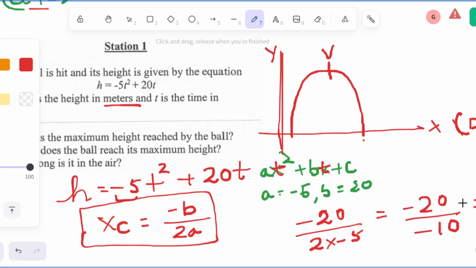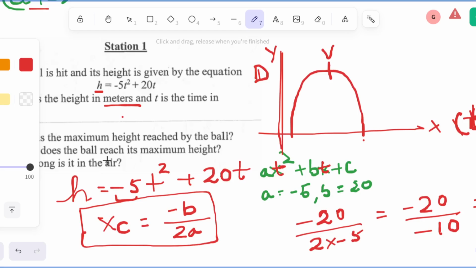Now the question is, which coordinate are they taking? H is y, right? So distance is over here, buddy, and this is the time. The x coordinate, they have taken the time here. Okay, so then the x coordinate is this. So what are they asking? Maximum height reached by the ball, right? Then we are right. Minus b upon 2a.